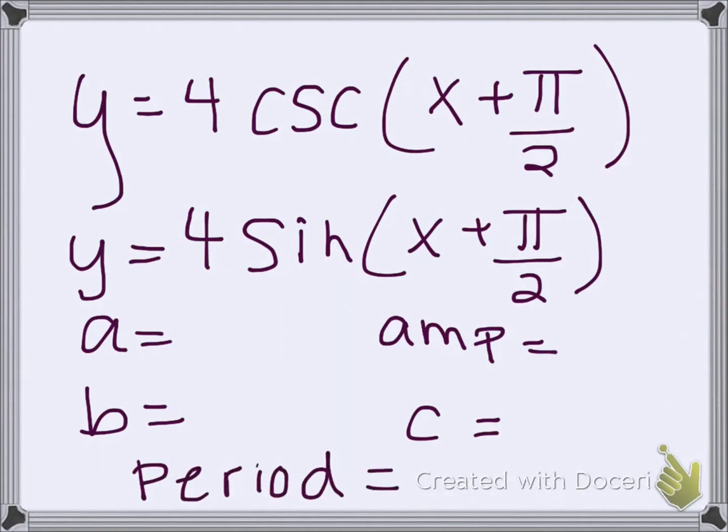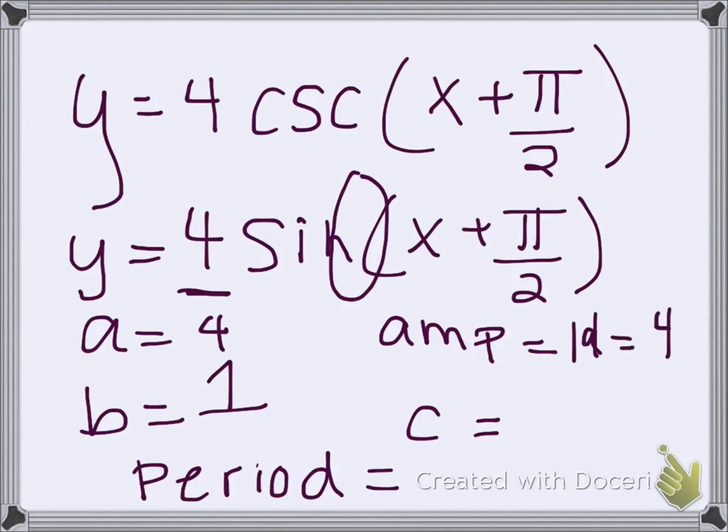So your A is always before sine, or cosine, or secant, whatever it gives you there. And the A in this case is 4. The B is always between here, so the B in this case would be 1. The amp is the absolute value of A, which is 4.